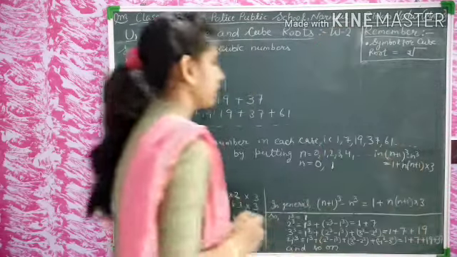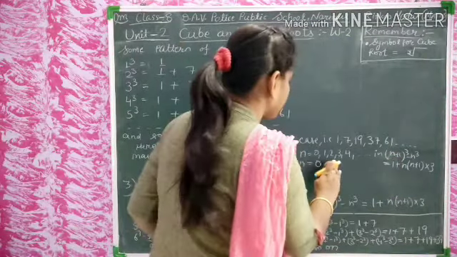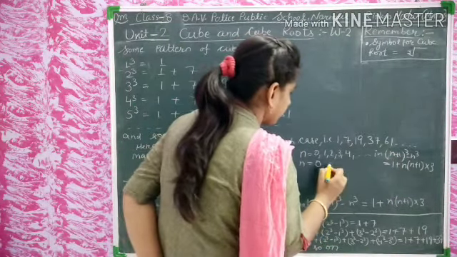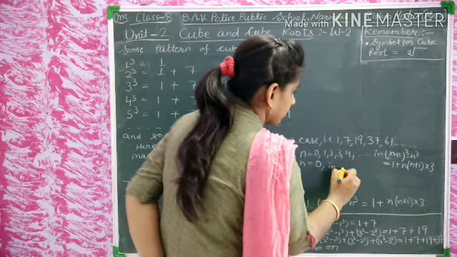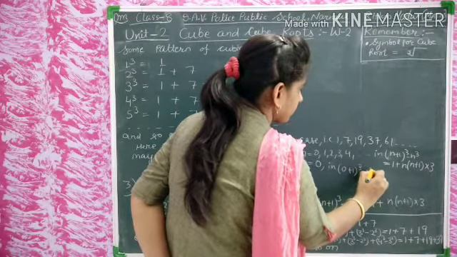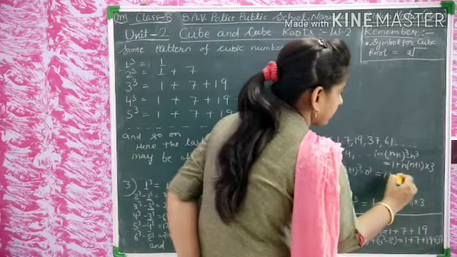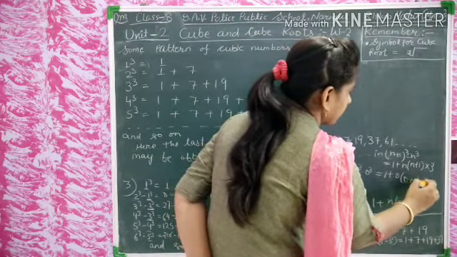Now we are putting here the value 0. We will get here 0 plus 1 cube minus 0 cube. Put n equal to 0: 1 plus 0 into 0 plus 1 into 3.